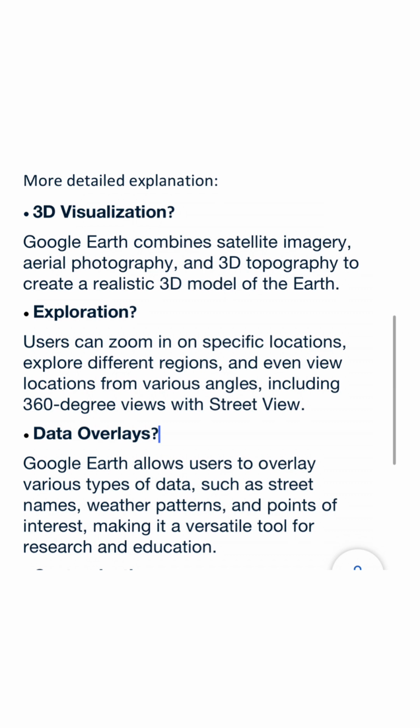A more detailed explanation of Google Earth is that it also provides 3D visualization. Now, what is meant by three-dimensional visualization? Google Earth combines satellite images, aerial photography, and three-dimensional topography to create a realistic three-dimensional model of the Earth.